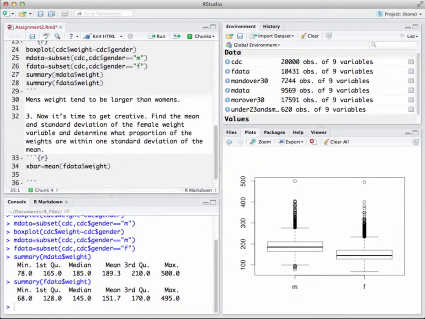And then the standard deviation, we'll call that std, and that's going to be equal to sd, the command to get the standard deviation for the female data weight. Now what they're looking for is what proportion of the weights fall within one standard deviation either side of the mean.